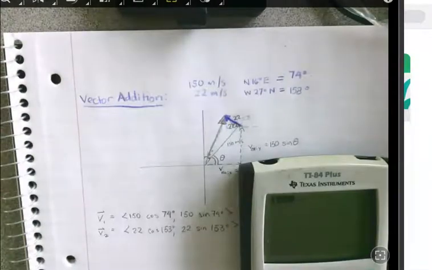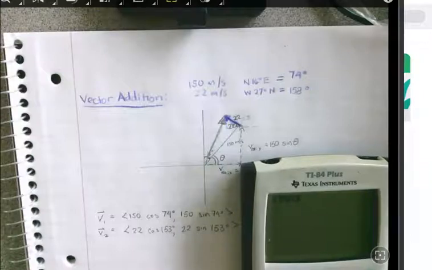Type in 150, vector. Vector in your case is curly brackets, go figure. Cosine 74. I changed my mode, but I'm okay. You didn't, so you're going to need 74 degrees. There's your first decimal. Sine 74. There's your second decimal. Don't forget to close your parentheses. Close your vector. Plus, here's the second one, 22.